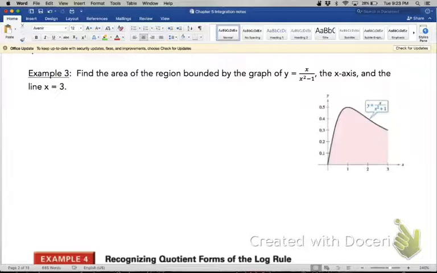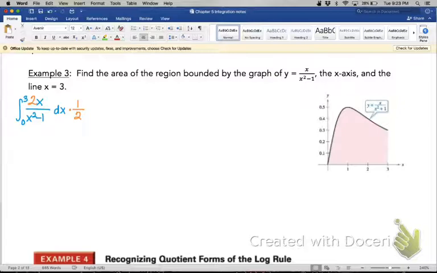So what this means is that we want to evaluate the integral from 0 to 3, you can also see on the picture there we're starting at 0, of x over x squared minus 1 dx. Now we can use this same rule that we talked about. In order for this to really match the numerator being the derivative of the denominator, I need the numerator to be 2x. And I can put that 2 there, as long as I then multiply by a 1/2 to undo that multiplying by 2.